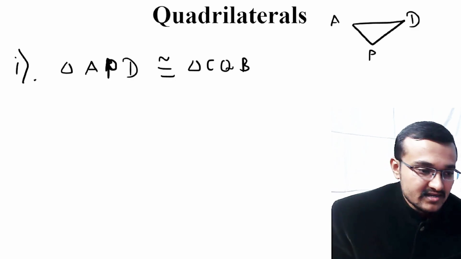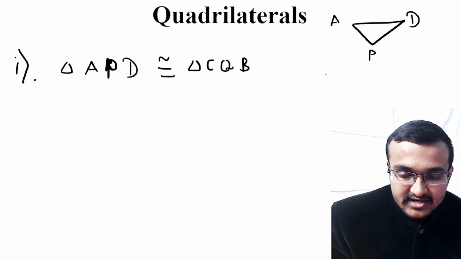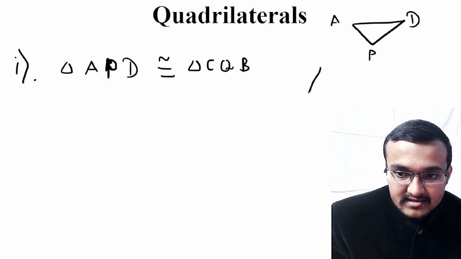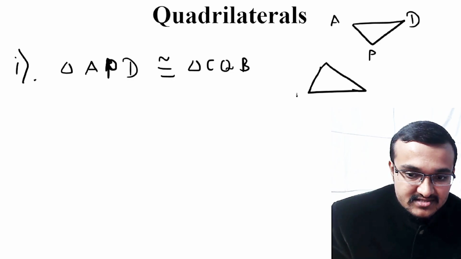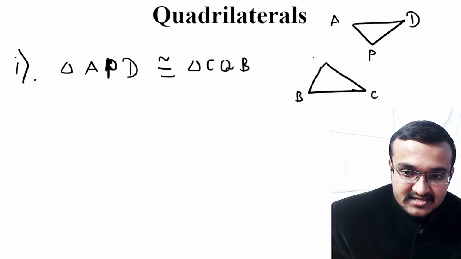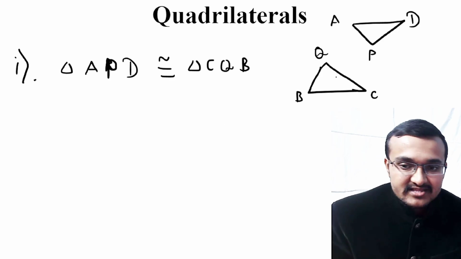So APD is one triangle. And here this particular triangle BQC. This is B, this is C, this is Q. Now we have to prove that these two triangles are congruent with each other.